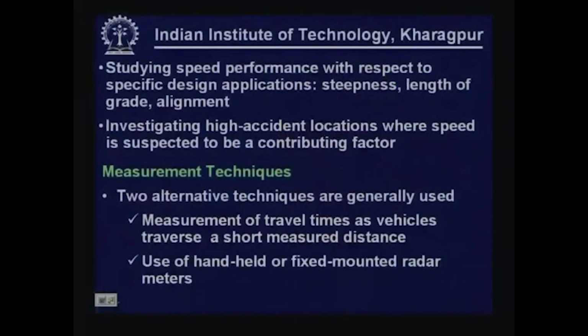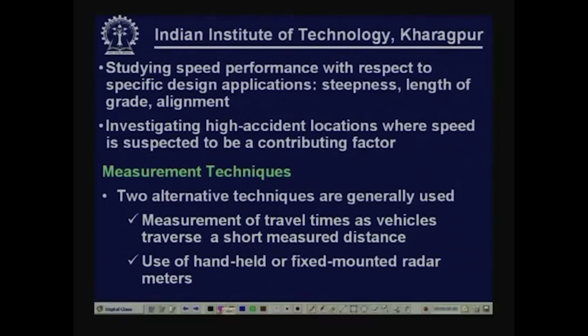Coming to the measurement techniques, there are two alternative techniques which are generally used. One is measurement of travel time as a vehicle traverses a short measured distance. Basically, you have a short trap length, a known distance. You take the time the vehicle takes to cross this distance and accordingly calculate the speed.